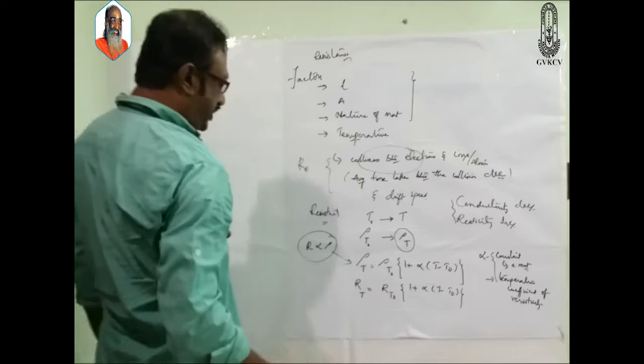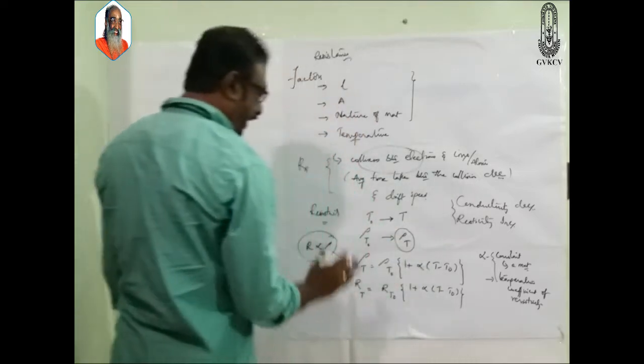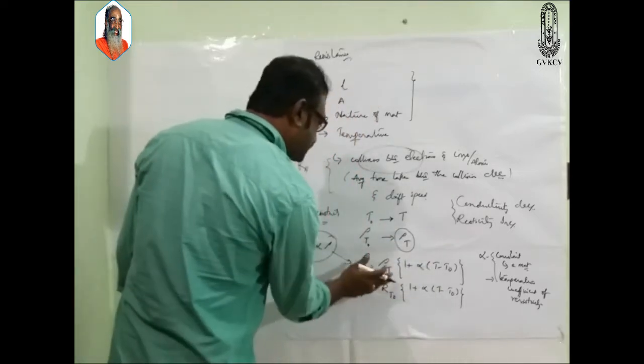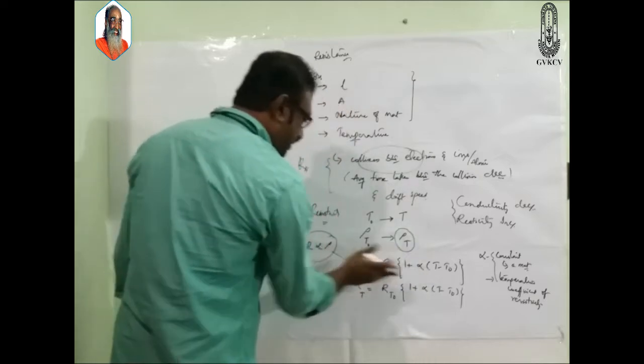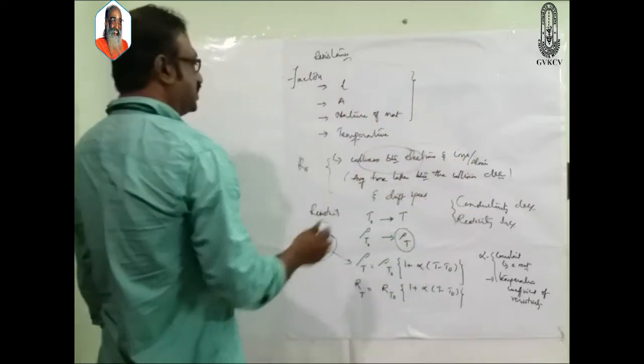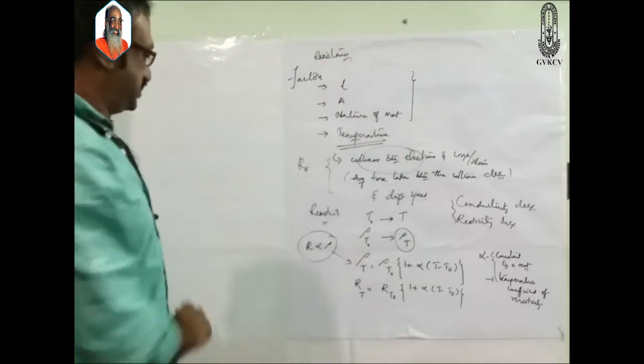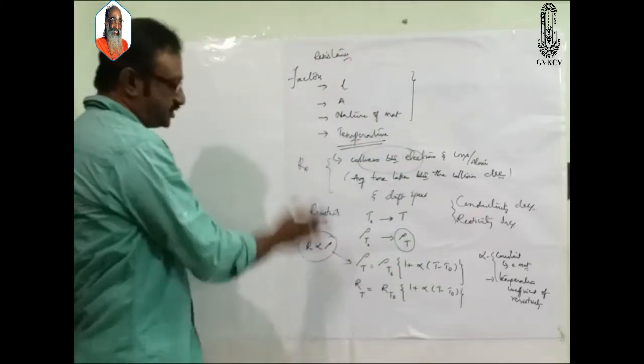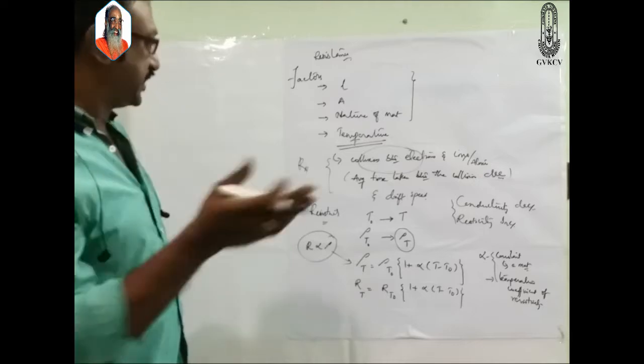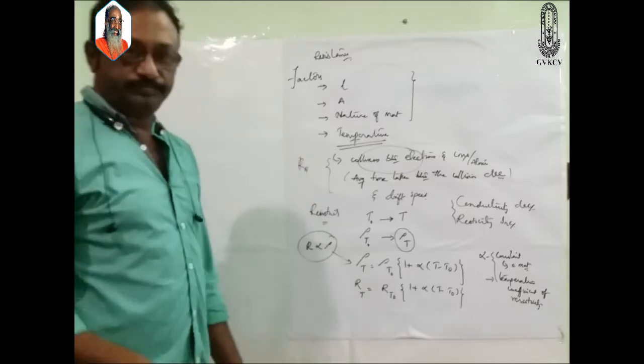Like this we can find the resistance at a particular temperature. From this we can understand that as the temperature changes, the resistivity or resistance also changes. So this factor is influencing the resistance. Okay, so just pause the video and take a screenshot of this.